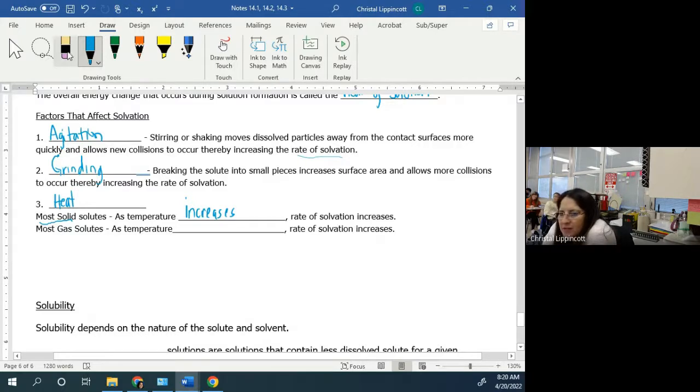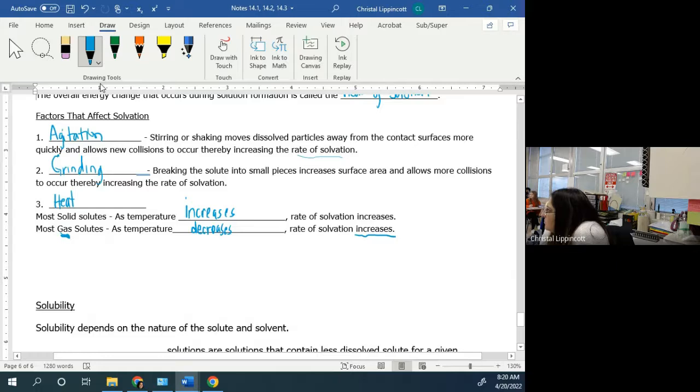Now, this is going to require you to warp your brain a little bit, because this isn't intuitive. This, however, these gas solutes, as temperature decreases, the rate of solvation increases, okay? Have you ever had warm pop?